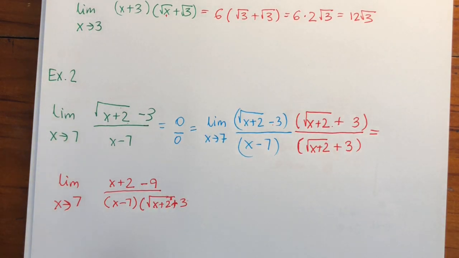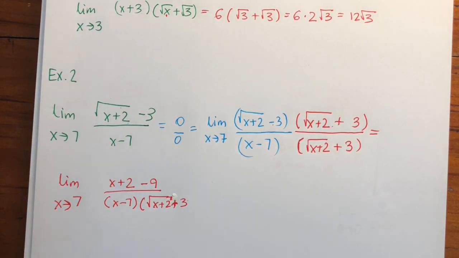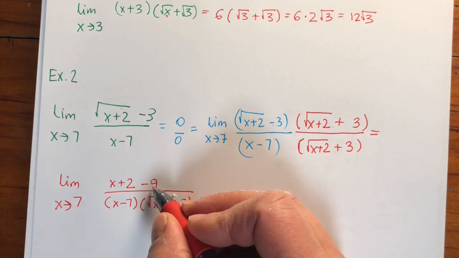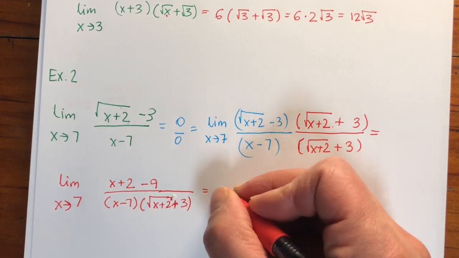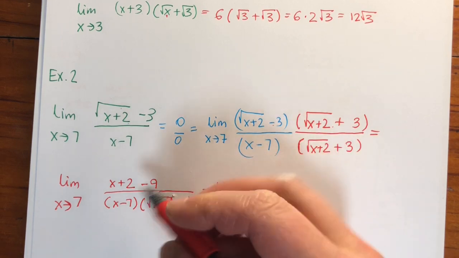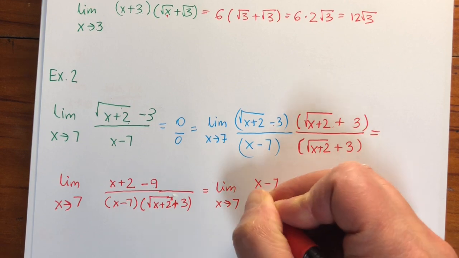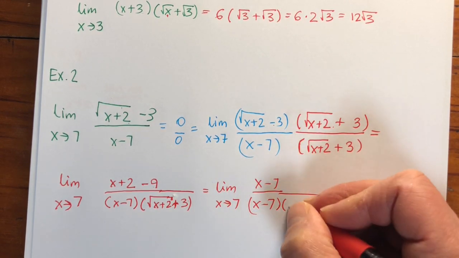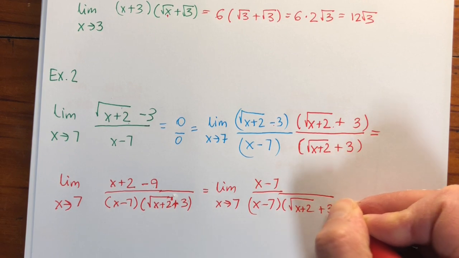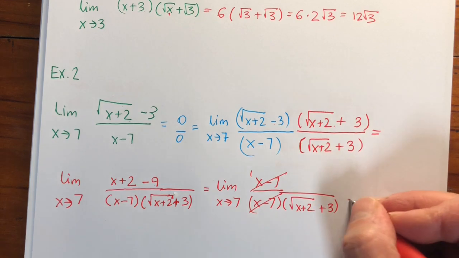Well, I have this magic thing, so we can make it nice. 2 minus 9 is negative 7, so I will have x minus 7 times this mass. How convenient. Remember, this is giving you 1.